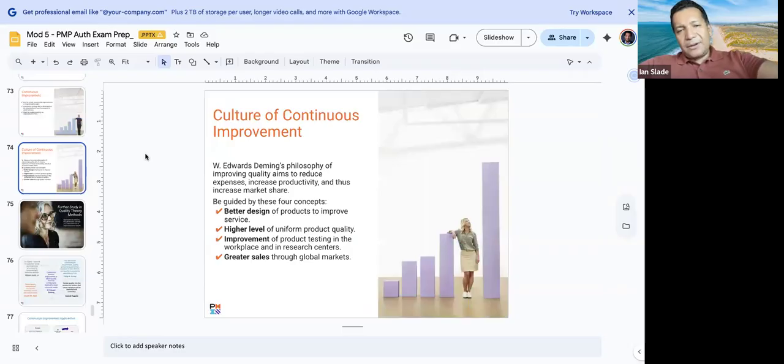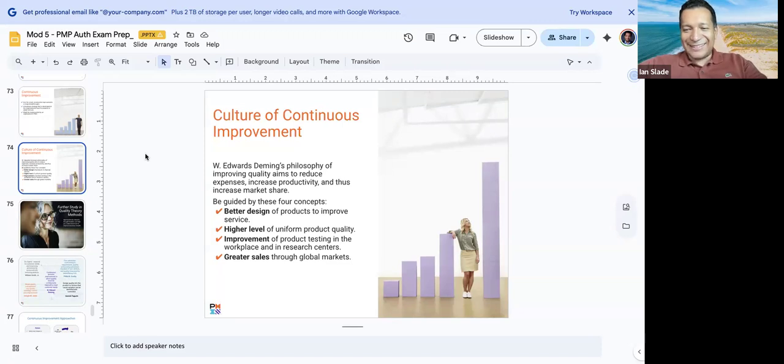So Edward Deming's philosophy. Did I tell you guys the story about Edward Deming? How he was trying to get the automotive industry in the US to adopt his theories of continuous process improvement, and he was widely ignored.